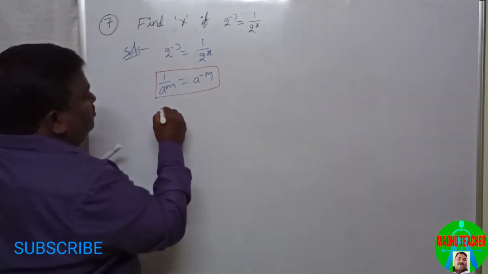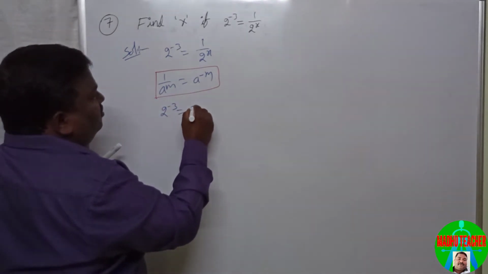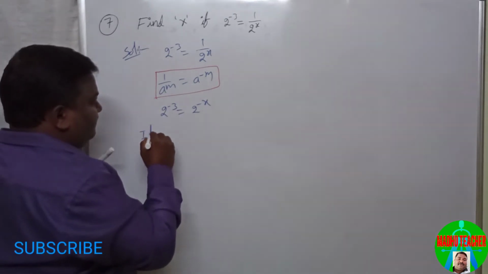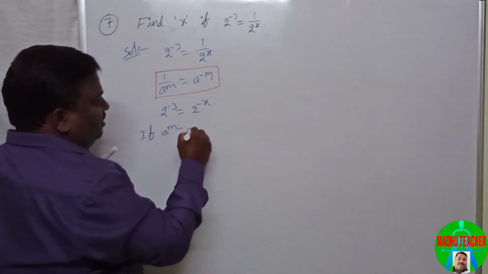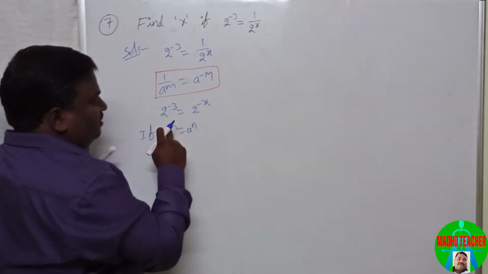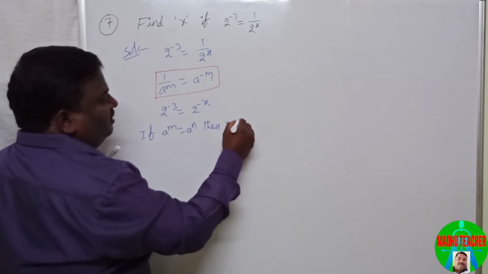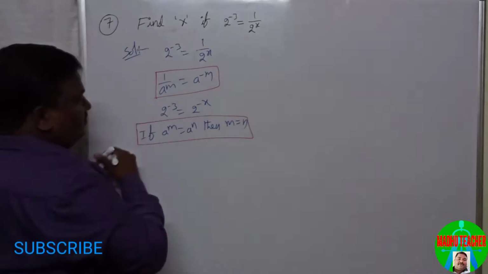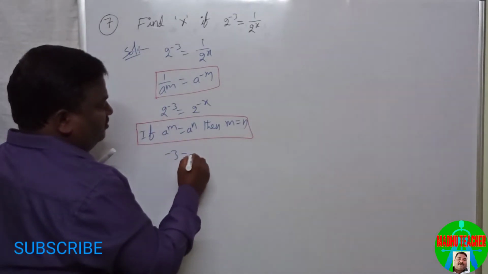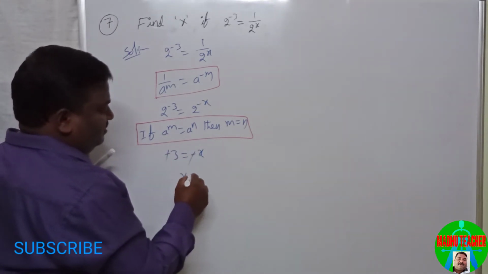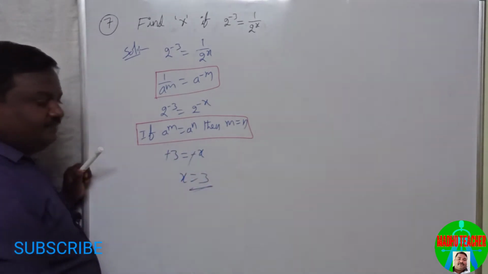So therefore 2 to the power of minus 3 equals 2 to the power of minus x. So here, if a to the power of m equals a to the power of n, the bases are equal, then the powers should be equal, m equals n. Therefore minus 3 equals minus x. Minus minus gets cancelled, x equals 3.